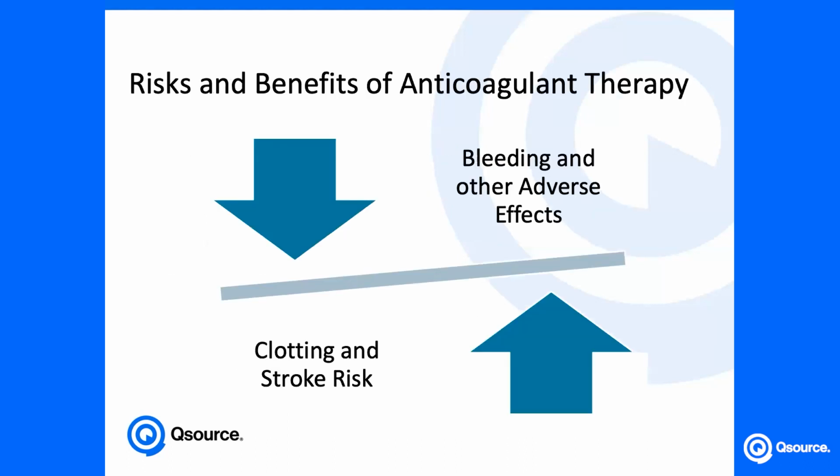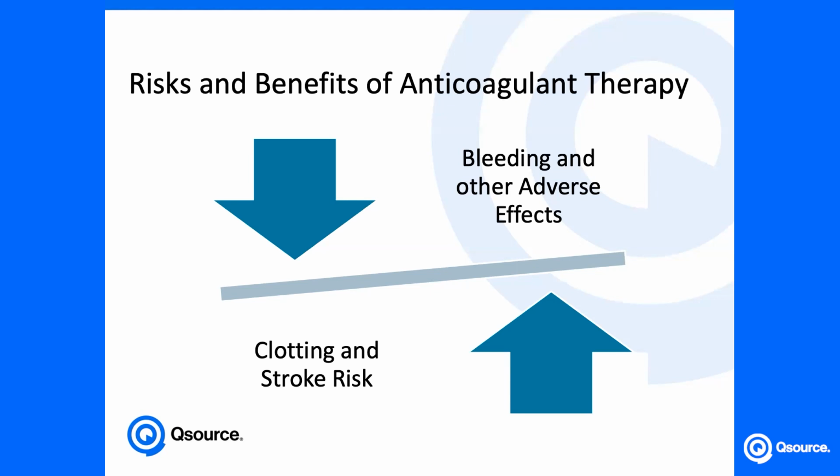When we think about anticoagulant therapy, especially in the long-term care population, as patients age, the risk-benefit weighing changes. And so we always want to be asking the question, and this is the number one thing I hope you take away from this video, that when we're thinking about anticoagulant use, it's incredibly important for us to continually be asking what the risks and benefits are for our particular patient.